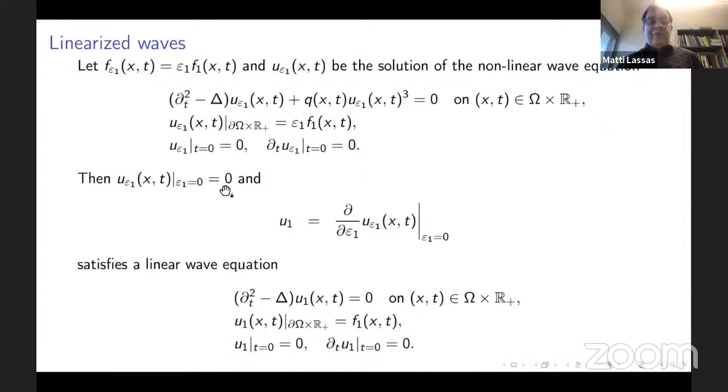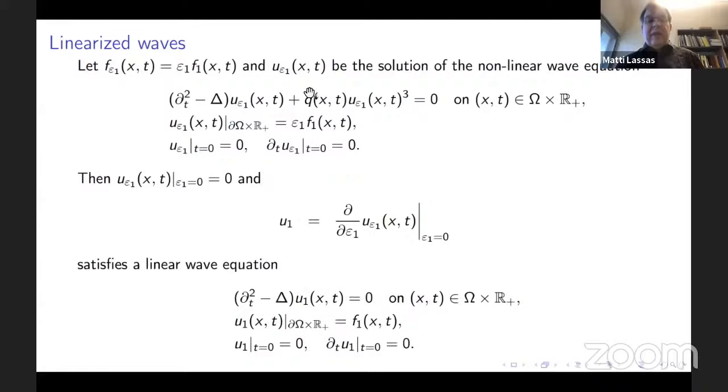And then we consider what happens when we change epsilon a little bit. We compute the derivative of the solution with respect to this epsilon parameter. This we denote by u1. How do we do that? We just take this equation and differentiate all terms here with respect to epsilon. And the epsilon derivative commutes with all other differentiation. So this term here, when it's differentiated, gives us the linear wave operator that is here.